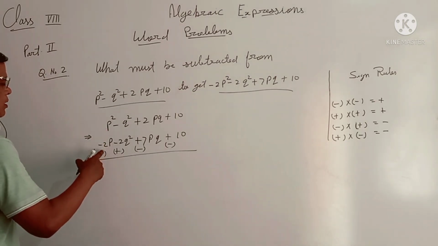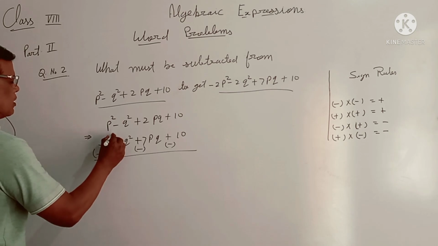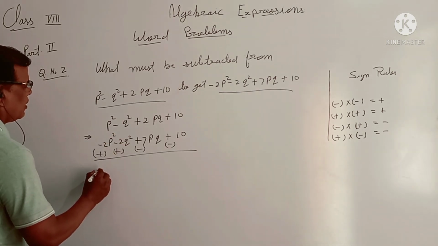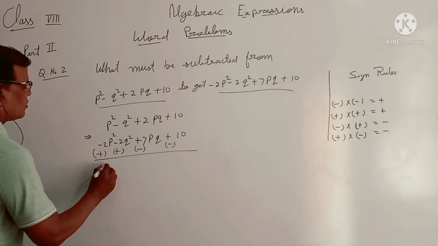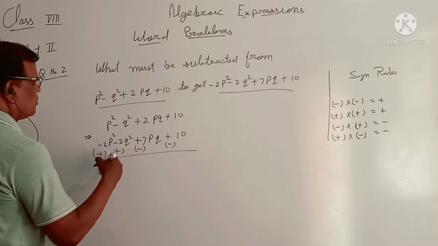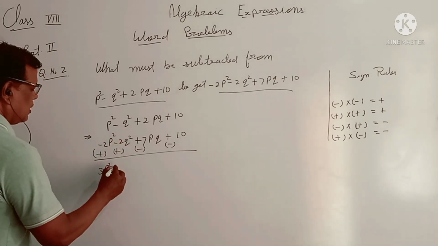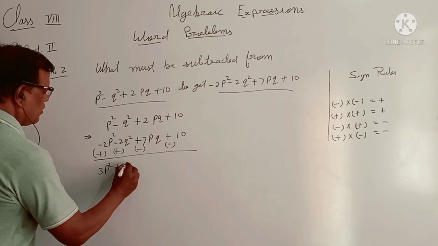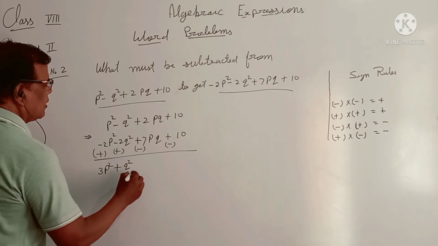p square. Now it is 2p square, so we will add it. Now it will be 3p square. Now the second one, 2q square is a positive value and q square is a negative value. The positive value is greater, so it will be q square.